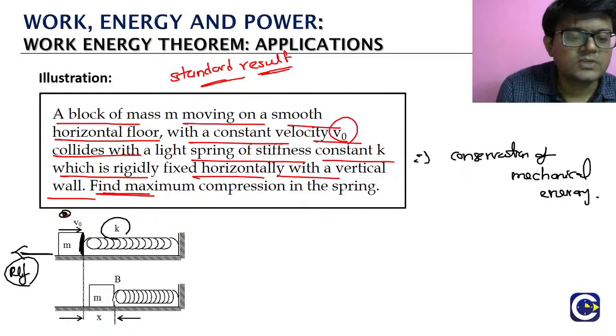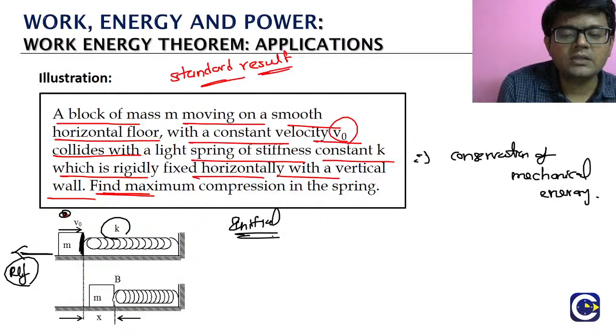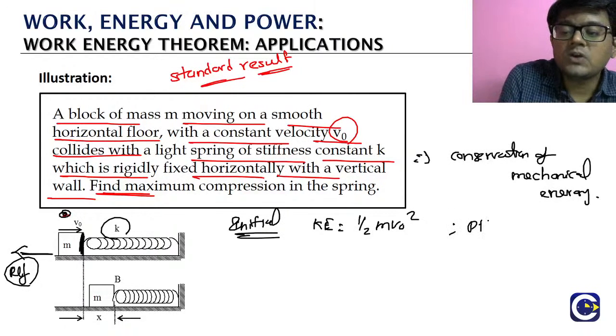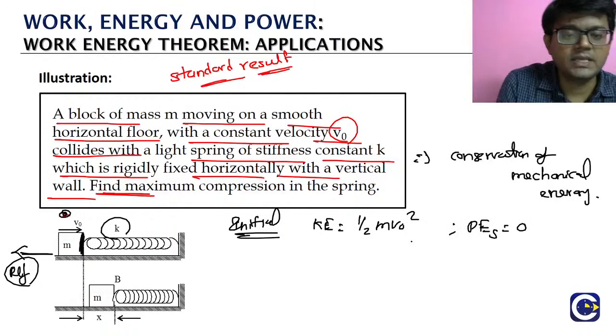Initially, when the block is just colliding with the spring, the kinetic energy of the block is half m v naught square, and the spring's potential energy is 0, as the spring is in its natural state. The final state is the maximum compression state.